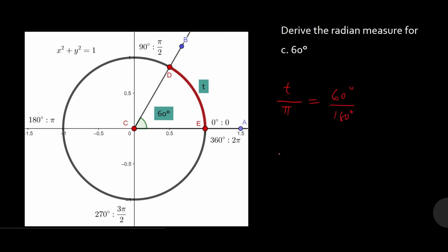Let us solve for T. So T is equal to pi over 3. An angle whose degree measure is 60 degrees has a radian measure of pi over 3 radians.